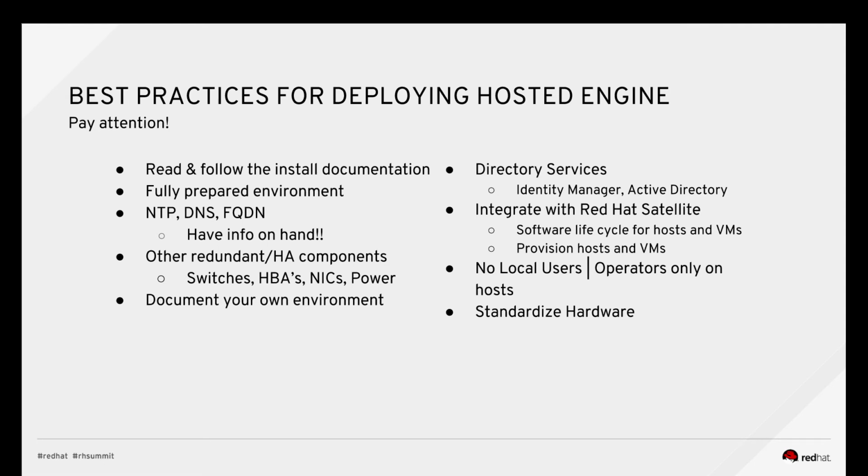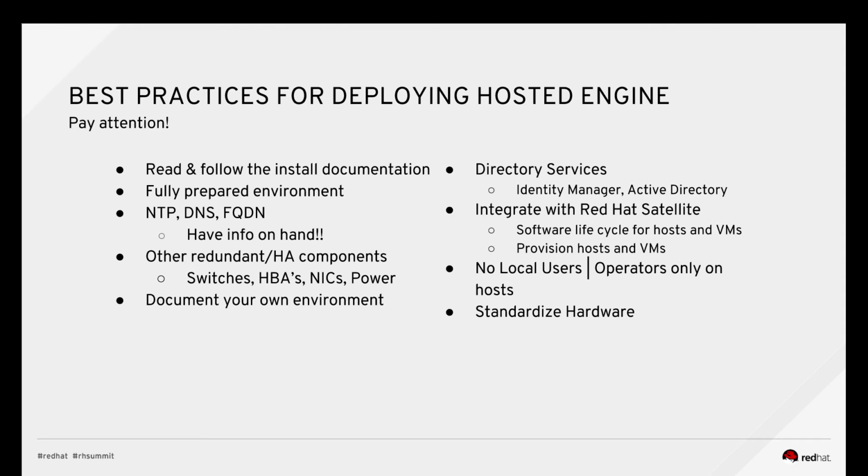Best practices. Read and follow the install documentation. It is good stuff. You don't need to necessarily read it cover to cover, but you want to go over the requirements because there may be changes between the time that you see this presentation and the time that you go to deploy your environment. There is good information in there.